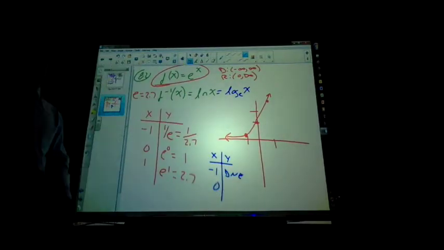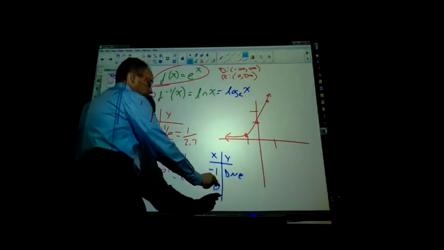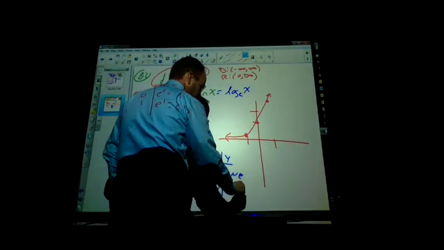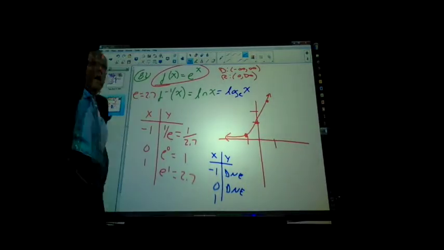What about natural log of 0? ln 0. Huh? Is it 1? Confirm? Okay, calculator, just give us ln 0. Doesn't exist. ln of 1.